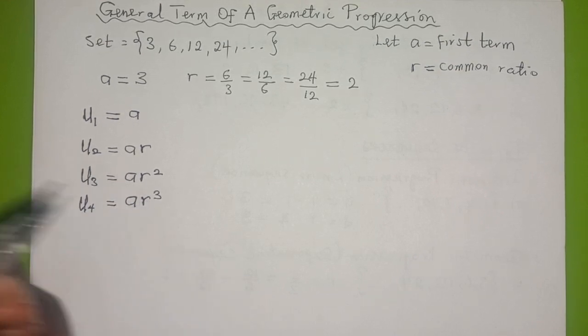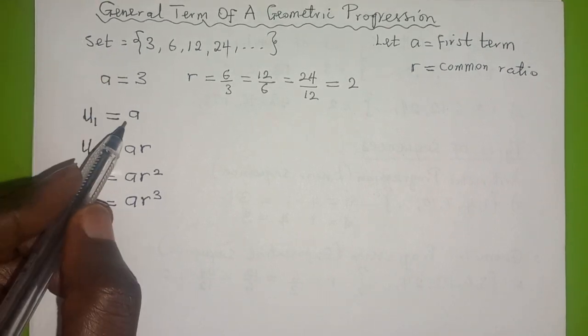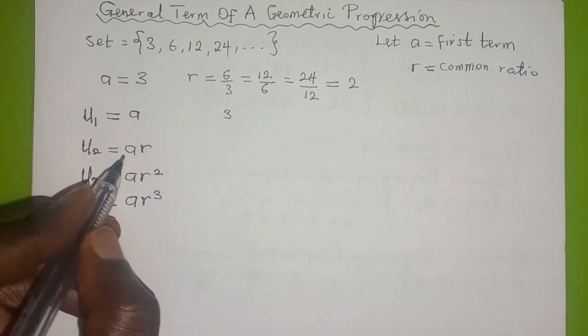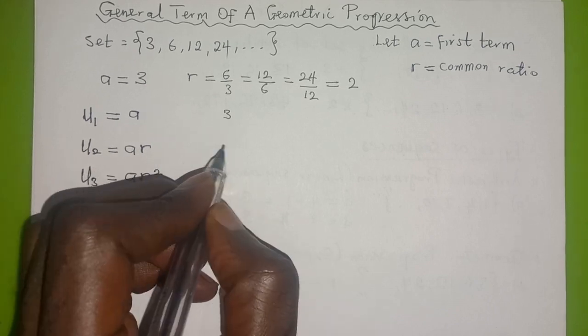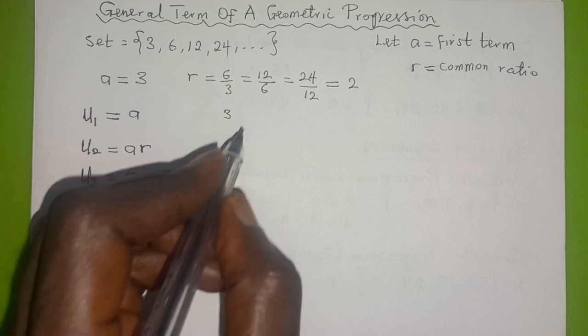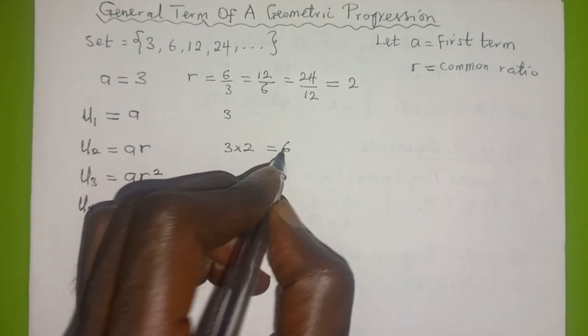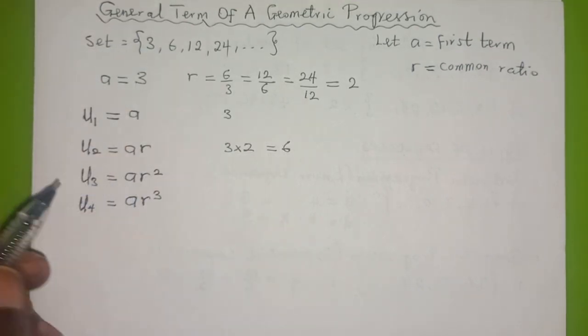Now, we can prove all this based on this set that we have. Our a is the first term, which is 3. Our ar is going to be 3 multiplied by r, and our r is 2, and that answer is going to be 6. So our second term is 6, which is also true. Let's prove the third term.